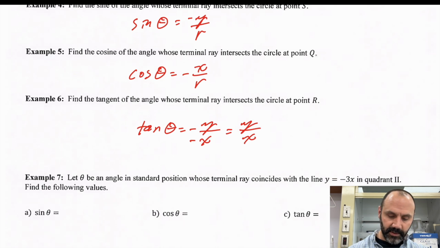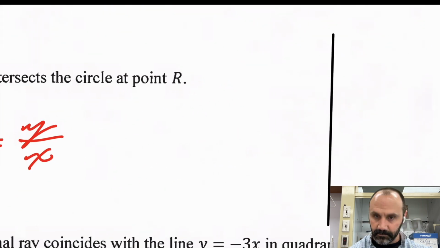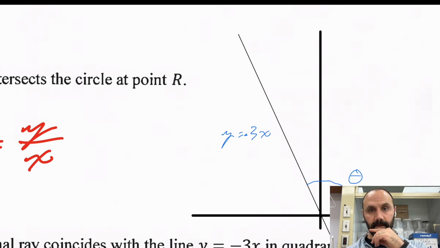Okay. Example 7, it says, let theta be an angle in standard position whose terminal ray coincides with the line y equals negative 3x. Let's draw this. Okay, so here's our angle, y equals negative 3x. I'm in the second quadrant, as opposed to y equals 3x in the fourth quadrant, right?